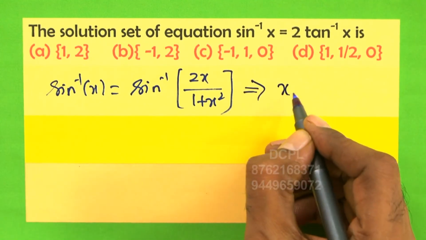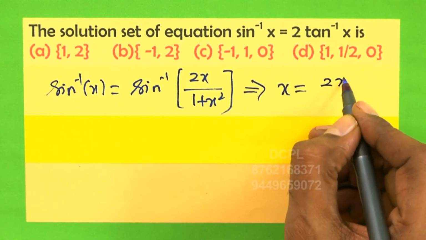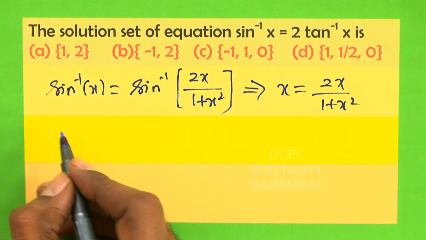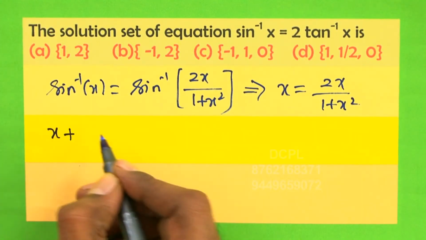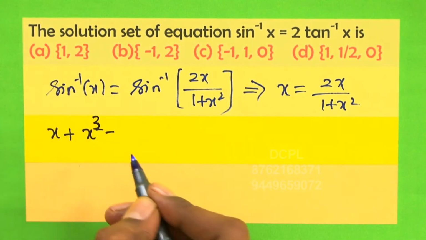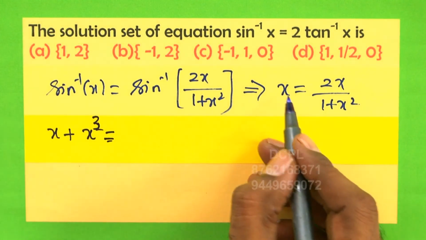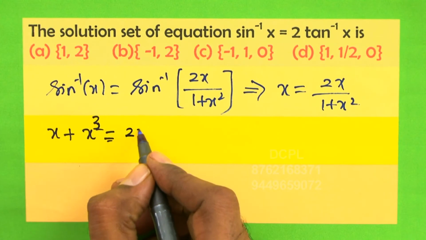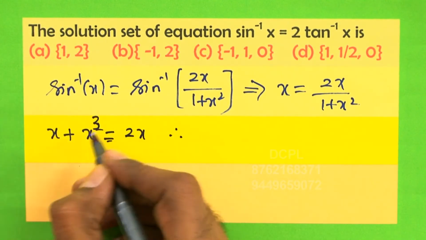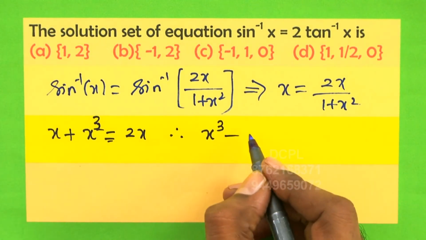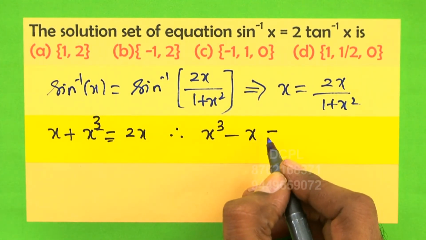This implies x is equal to 2x by 1 plus x square. So, let us cross multiply: x plus x square into x, that is x plus x cube, correct no? X into 1 is x, x into x square is x cube, is equal to 2x. Therefore, shift 2x to left hand side, x cube minus x is equal to 0.